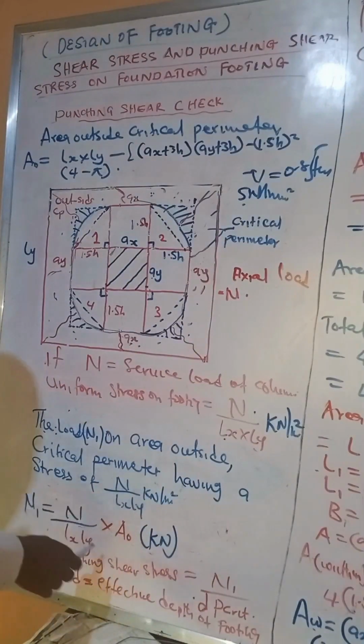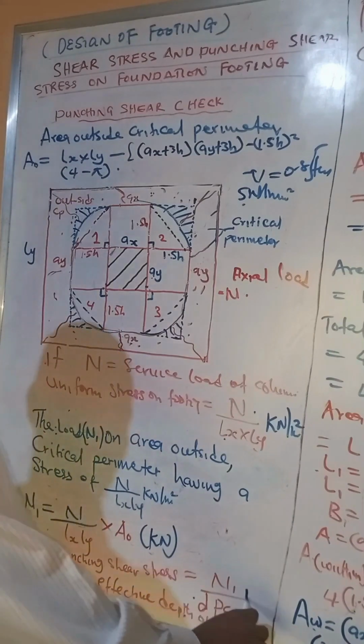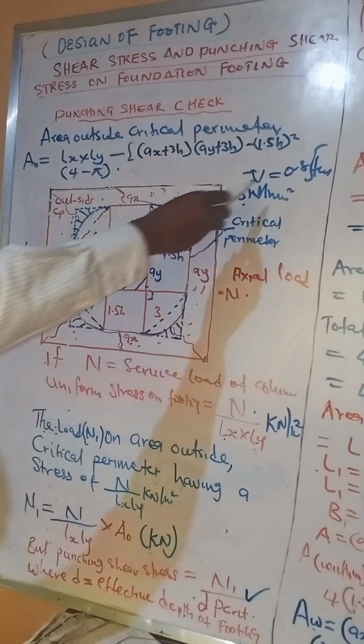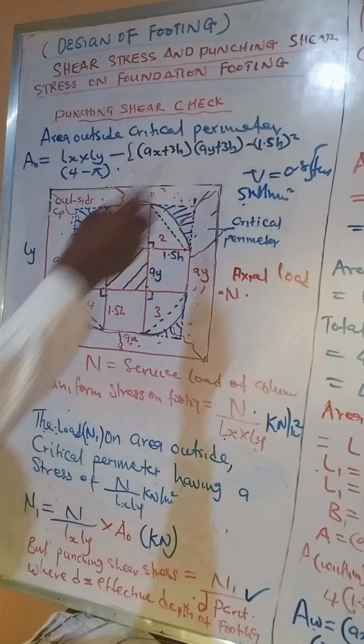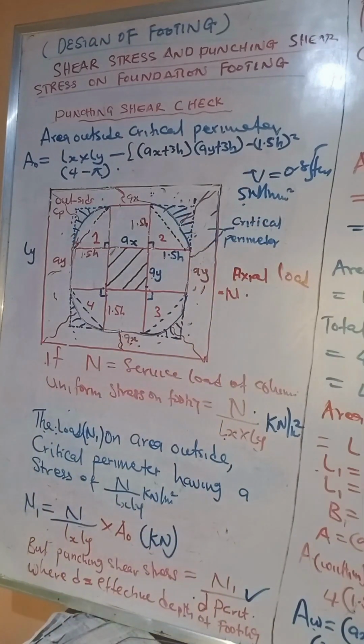So our punching shear stress should be lesser than the lesser of these two, where FCU represents the characteristic strength of concrete. So this is how you do the punching shear check for your foundation.